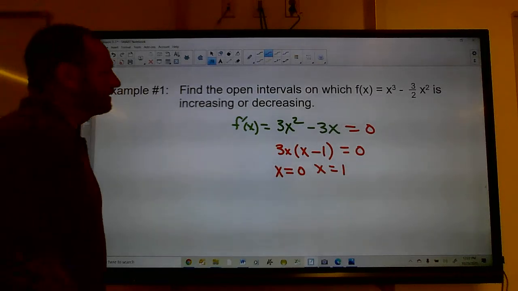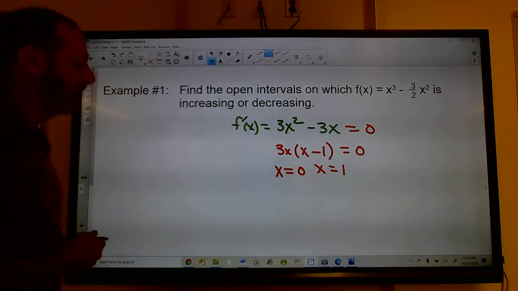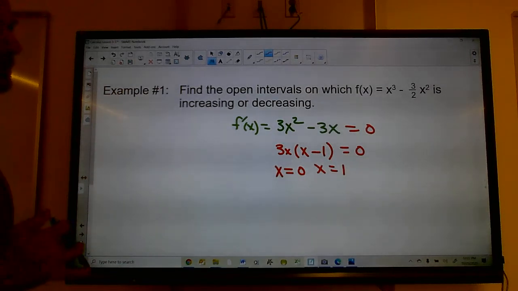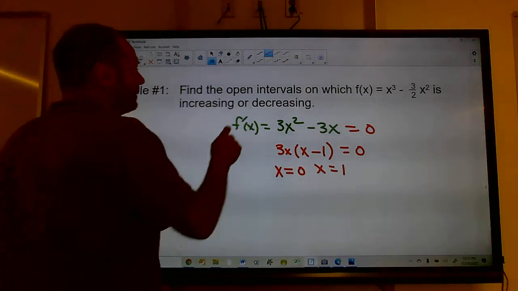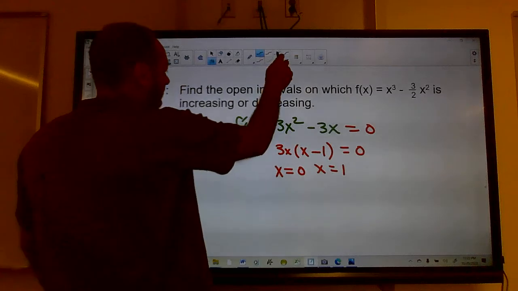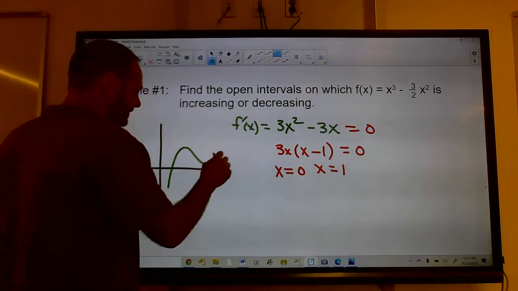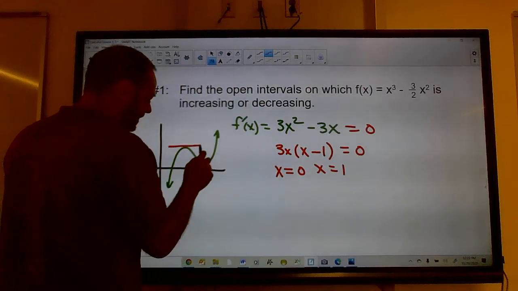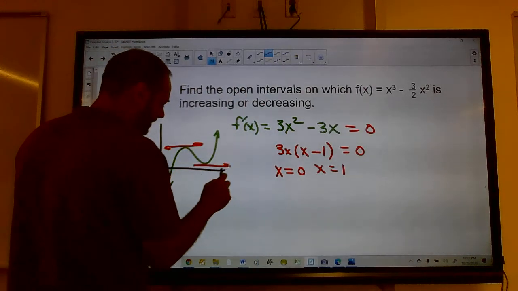So I've taken my graph, and I've got 2 points where the slope is 0. So that tells me that this graph is going to look something like this. It's got a slope of 0 here, it's got a slope of 0 here.